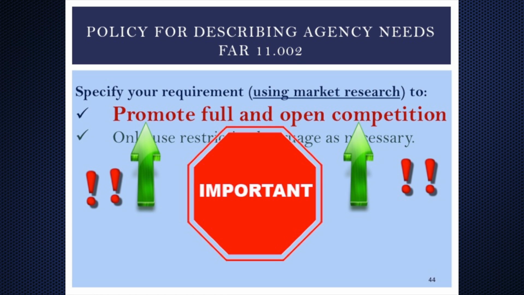So you want to say, ideally, I have completed market research, and these are all the contractors that I found that can fulfill what I'm looking for, potentially. And then, of course, the solicitation and competition process will take those contractors, and we will make sure that the best person is selected to provide it. So you want to promote full and open competition.